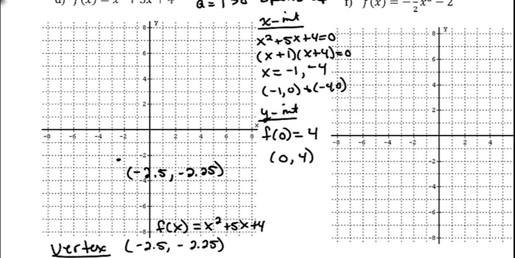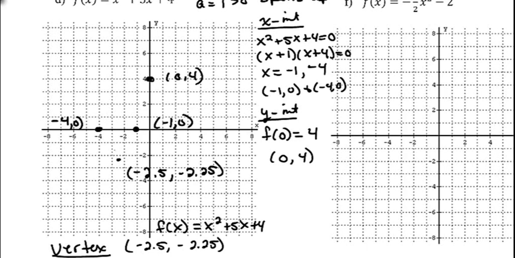We have a y-intercept at 0, 4, and so that will give us another point, and then we also have our x-intercepts, one at negative 1, 0 right here, and the other one is at negative 4, 0 right here.